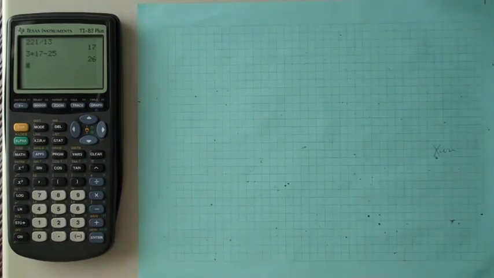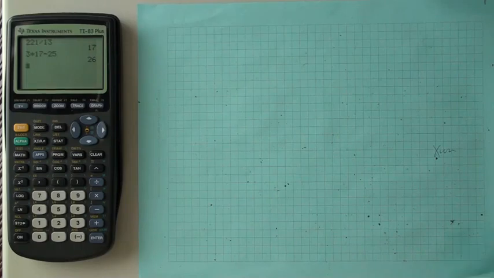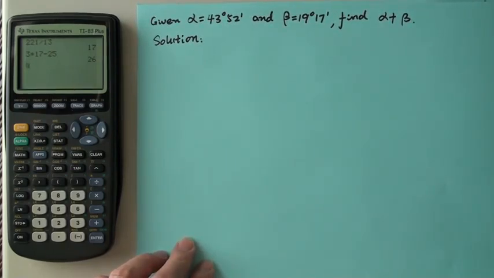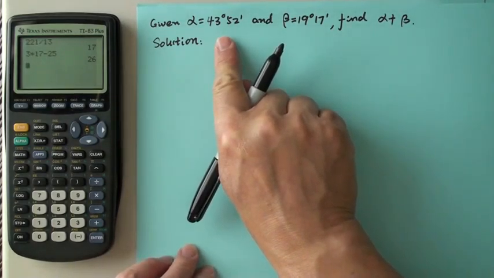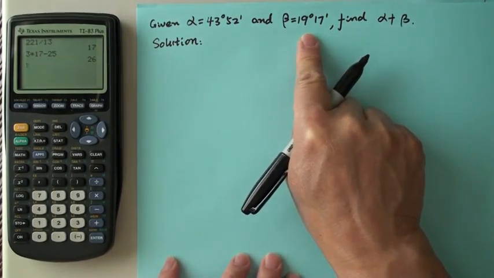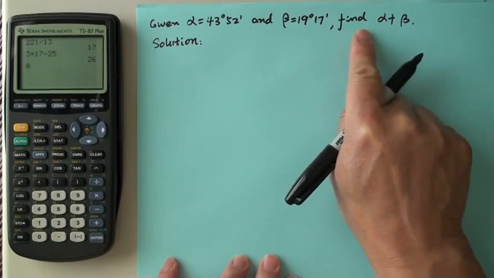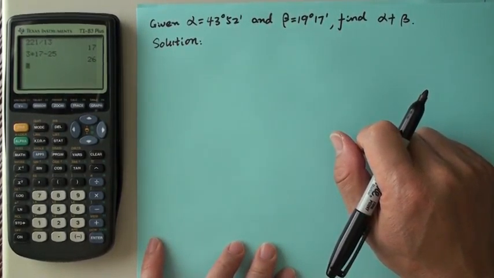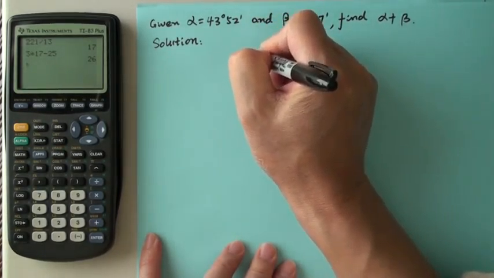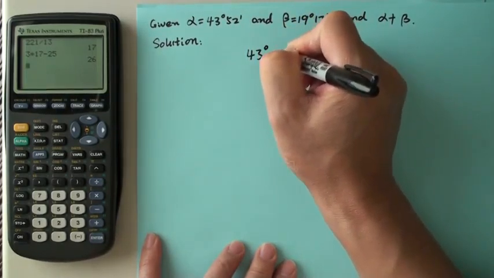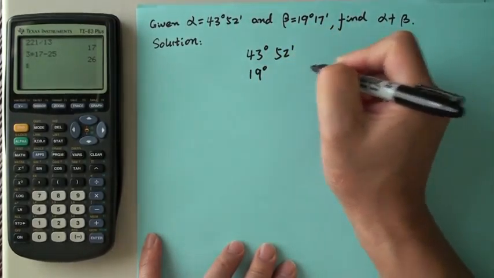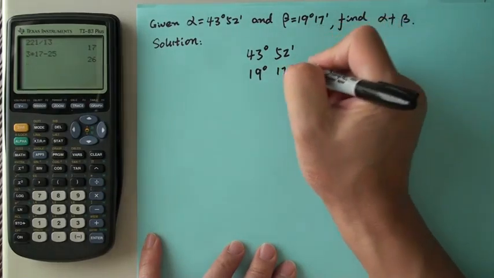Alright, now let's look at one more example. We are given one angle of 43 degrees 52 minutes, and another of 19 degrees 17 minutes. We want to add those two together. How to add? We do it like this: 43 degrees 52 minutes plus 19 degrees 17 minutes.